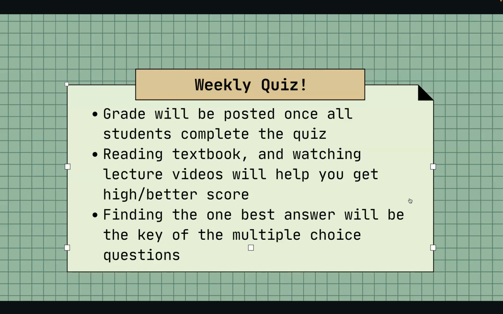I know you will not do that, but just in case, to avoid any possibility of a breach of the answers, I usually wait until all the students finish the quiz so that everyone can have a fair chance to complete it without any possibility of cheating or other academic dishonesty issues. So all grades will be posted after all students complete the quiz.